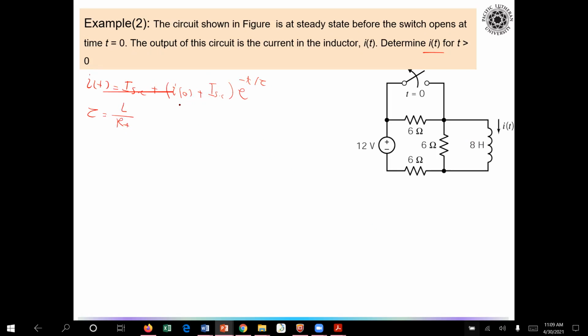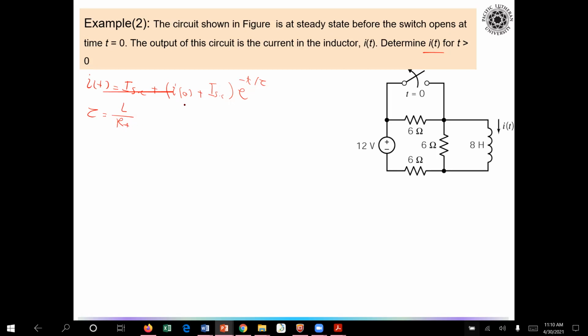So basically now we need to find i(0) and i short circuit. Since we have L, we need the R Thevenin, or equivalent, to calculate tau.